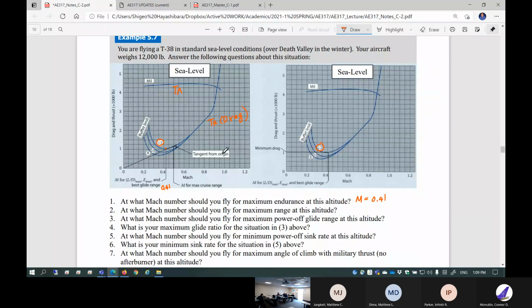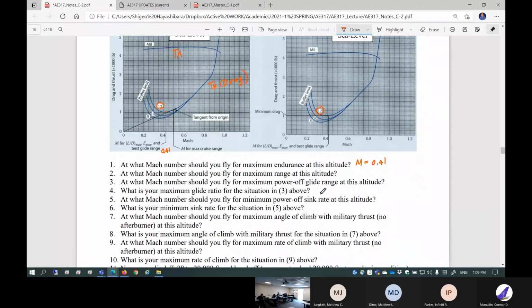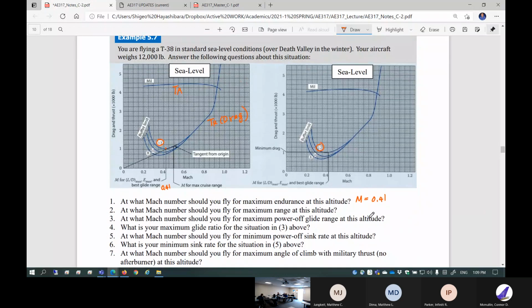And question number 2. Mach number for maximum range. Obviously, you are going to draw a straight line starting from the origin, barely touching this curve right here. Tangent from the origin, right here.